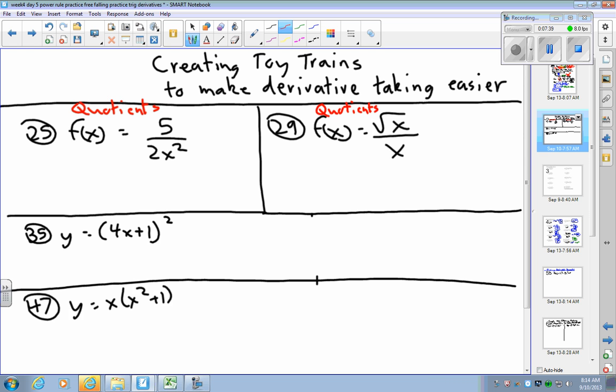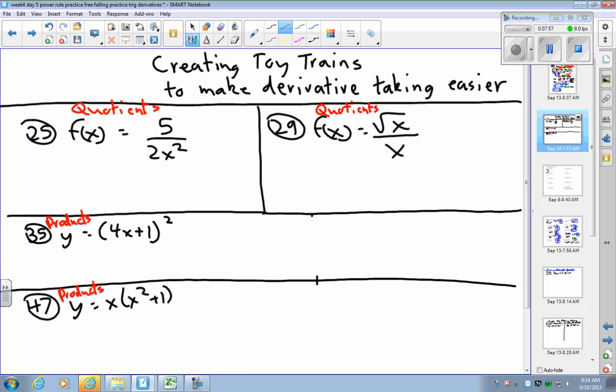And likewise, these are products. It's something times something. You can easily see it with the 47, it's x times x squared plus 1. And that 4x plus 1 squared, you could think of it as 4x plus 1 times 4x plus 1.